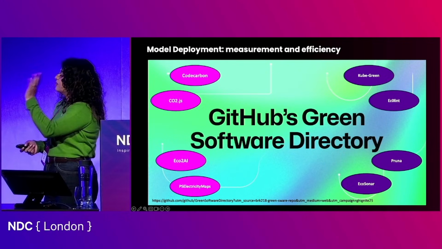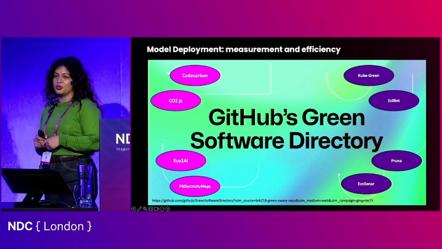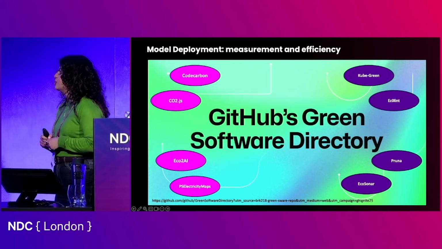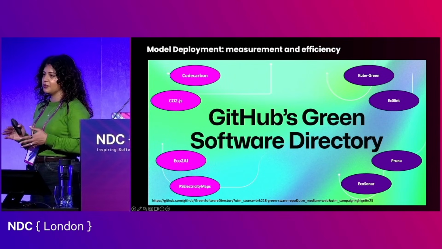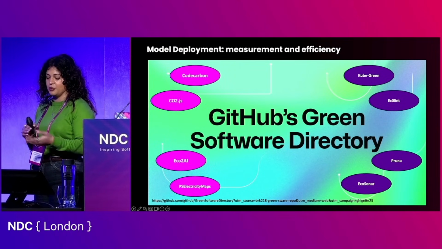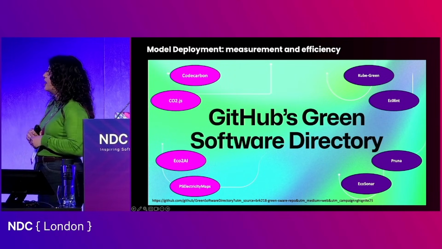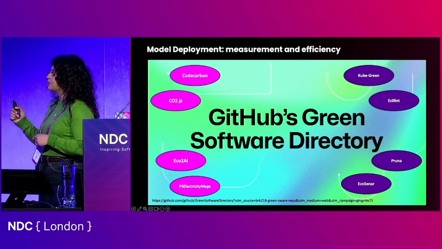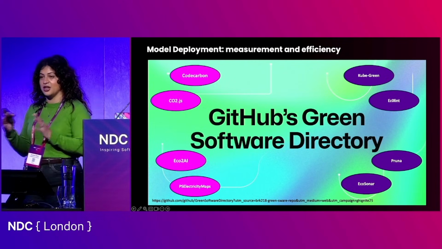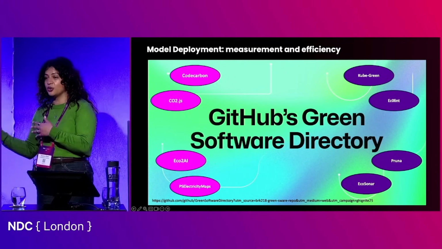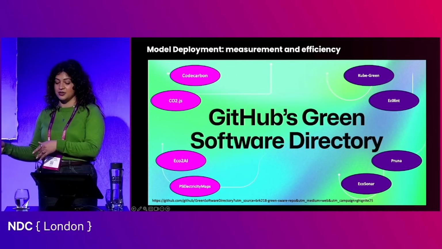So we're at the point where we've got quite a good performing AI solution, and we're looking to deploy. The GitHub Green Software Directory has mentioned a lot of different tools that we could use to start measuring the carbon impact, but also implementing automated efficiency.